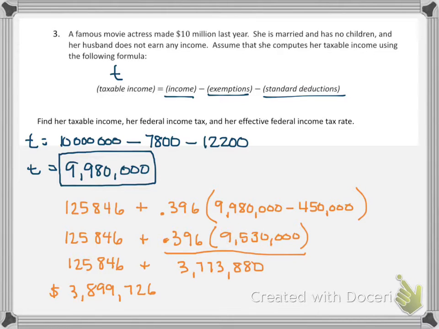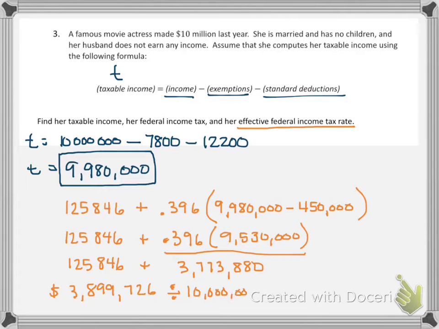Those are dollars sent to the government. Now, what we're looking for is her effective federal income tax rate, which means what percentage of her $10 million she is paying to the government. That's just the amount she pays to the government divided by her money, which was $10 million.